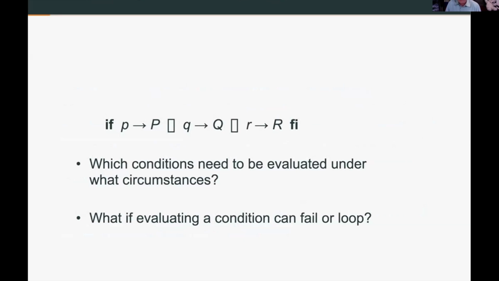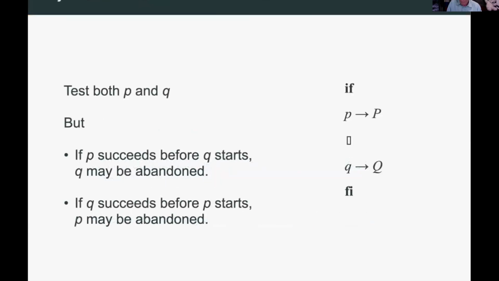And then something that's not considered by Dijkstra is what if one of these conditions fails or loops, because he was only looking at very primitive conditions like x greater than 0. But if P is some complicated program that can go into a loop, then what happens? What is the intention? And the point is to be able to express any and all choices about the semantics of this kind of statement.